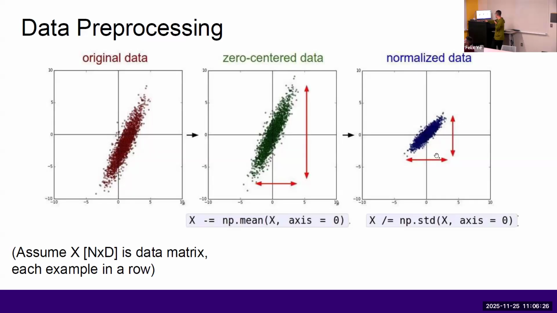This is called whitening. We will talk about data preprocessing in 593 as well. This is a very important process in machine learning, because before you apply any machine learning or deep learning models, data preprocessing is one of the most important parts.